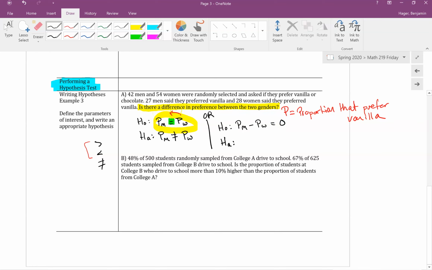I move that to the other side, leaving 0 on the right and P sub M minus P sub W on the left. And then same for my alternative. So again, this tends to be a more common way of writing out the null and alternative hypothesis. Basically comparing them to 0. Okay.